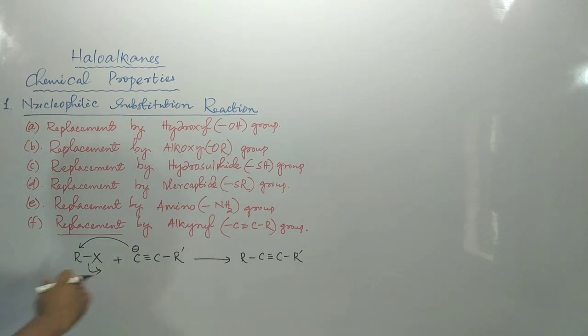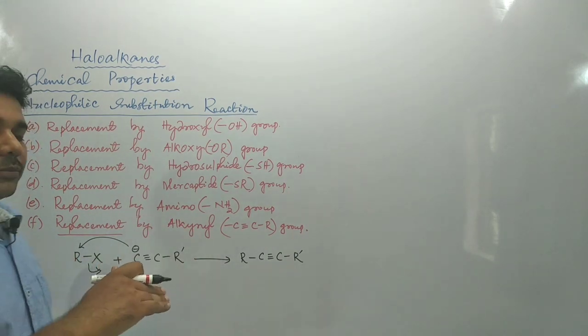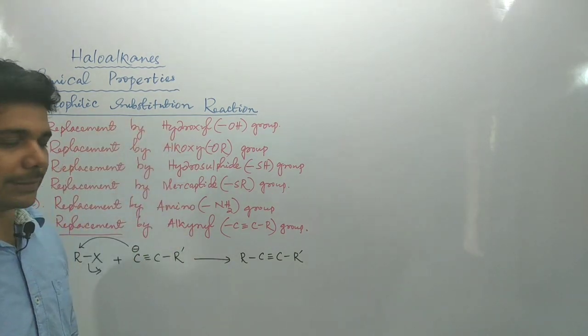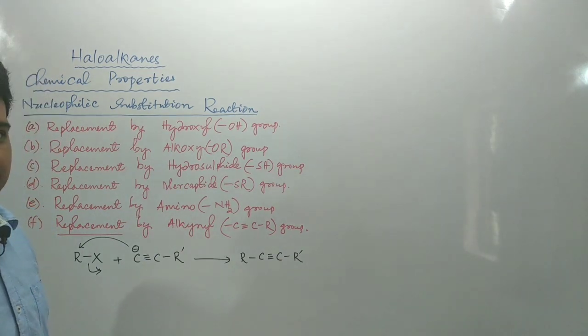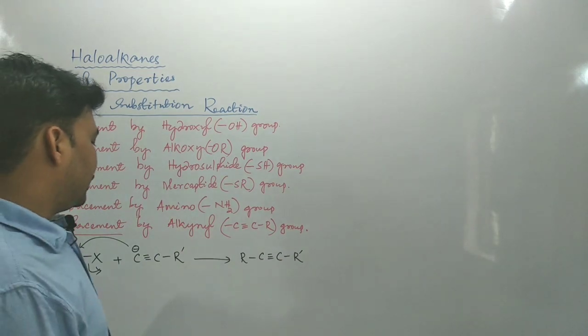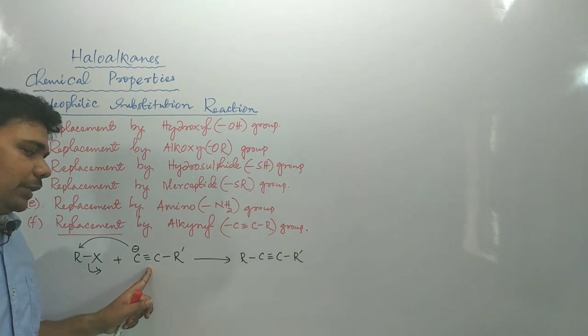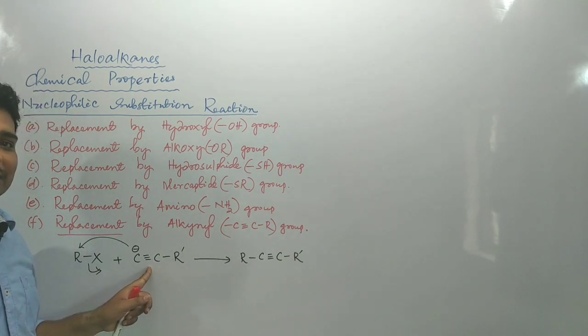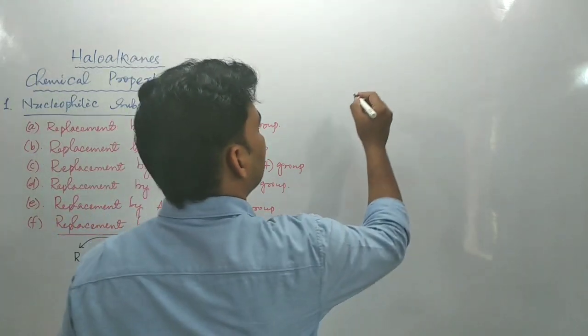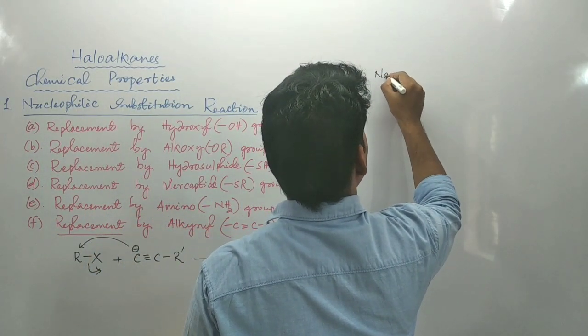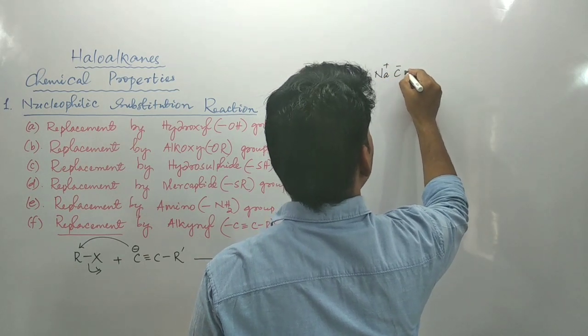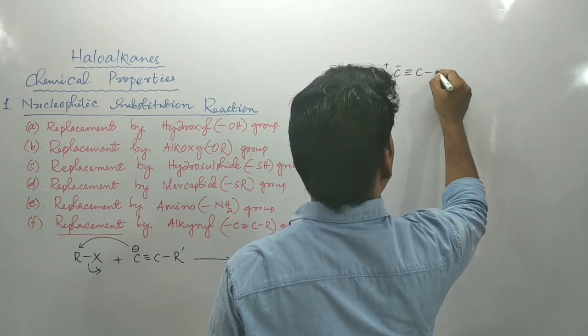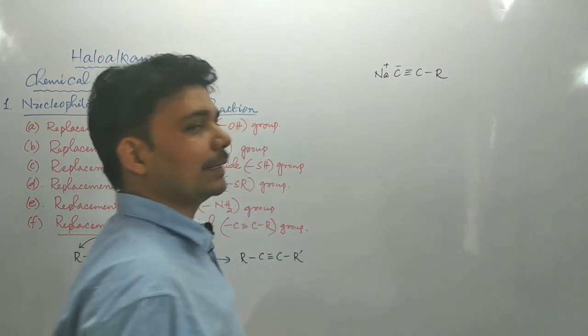So in this reaction, the number of carbon atoms can be increased. This is ascending of series, no? In order to generate this nucleophile, we can take sodium alkynide, lithium alkynide, sodium alkynide, Na plus, C minus triple bond CR. This is sodium alkynide.